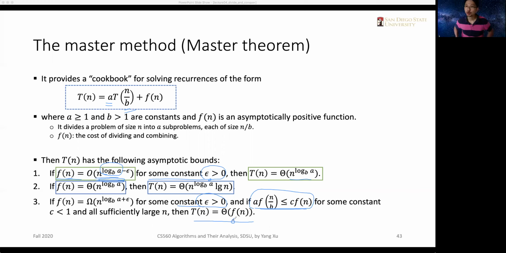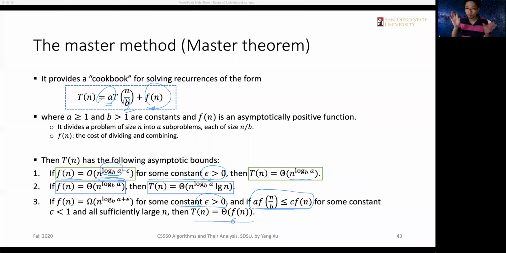Without diving into the details, we can have the idea that the master theorem compares 2 functions, which are f(n) and n raised to the power of log base b of a, a polynomial function.